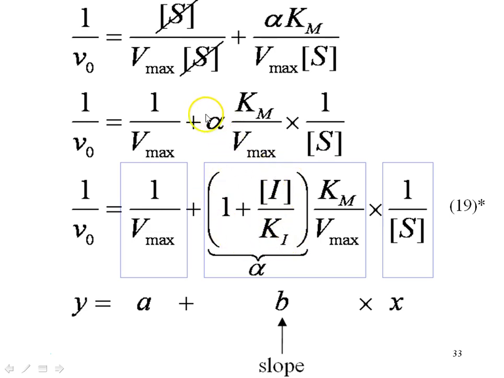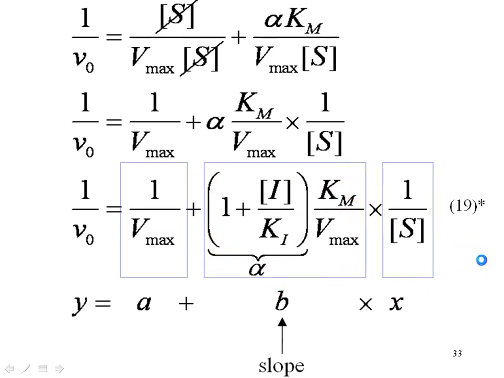This is alpha. I write alpha explicitly here, and then I put in boxes to show you the structure of this linear equation. It's an equation of a line whereby this is your y, this is the intercept a, this is the variable x, and this is the slope of the line.